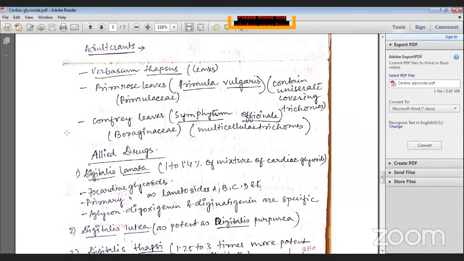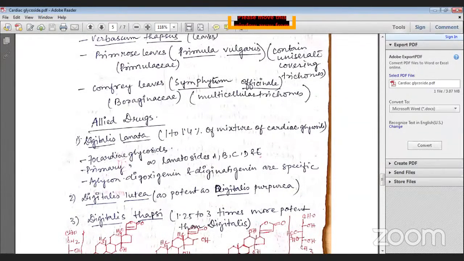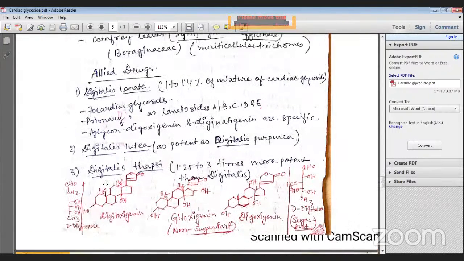Allied drugs of Digitalis are Digitalis lanata, Digitalis lutea, and Digitalis thapsi.